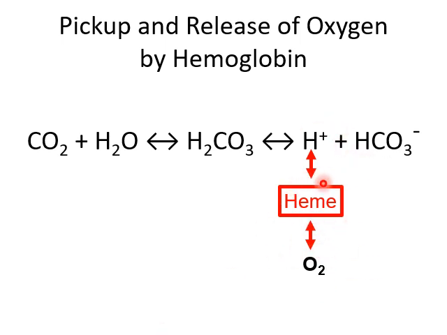So where are we increasing our hydrogen ions? We're doing that out in the tissues where we have active production of carbon dioxide. Active working tissues will produce more carbon dioxide. This will build up, and then we'll generate more hydrogen ions locally, and that's going to make the heme less sticky for our oxygen.